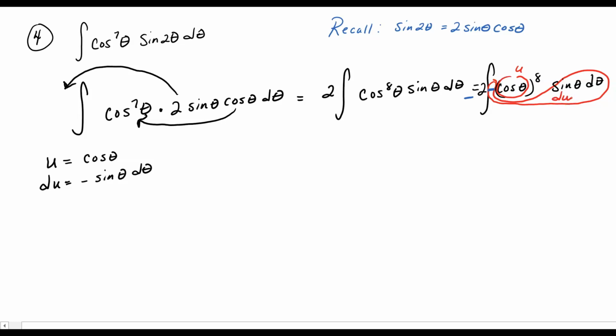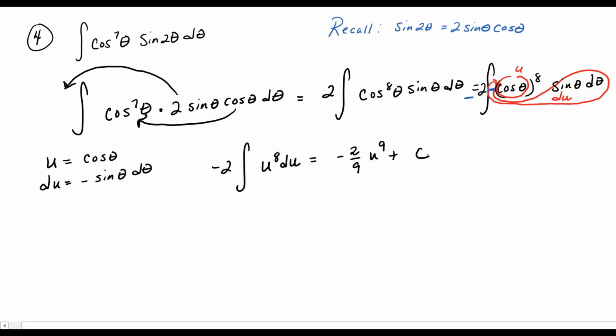Now that I've got that set up, I can rewrite the integral as negative 2 times the integral of u to the 8th power du. This becomes just a regular power rule integral that I know how to work with. This becomes negative 2 over 9 u to the 9th power, because it's u to the 9th divided by 9, plus c.